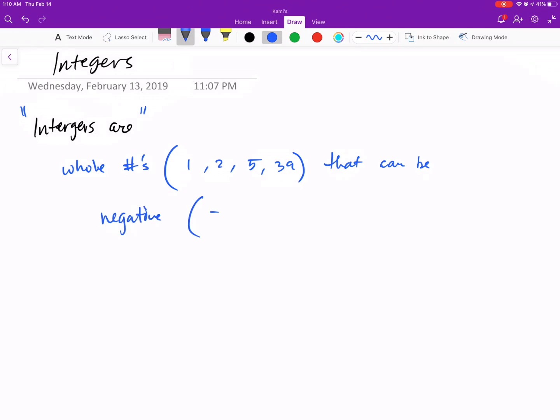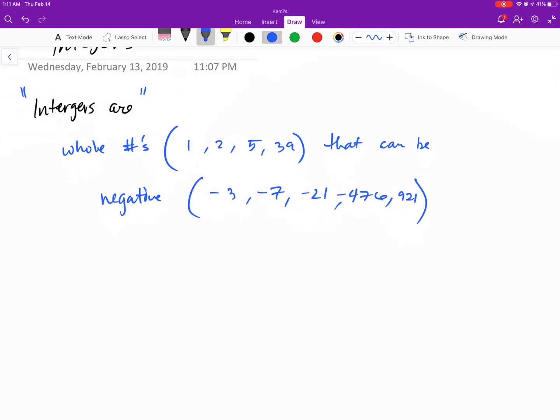So this includes -3, -7, -21, -476,921. Right? So negative numbers.